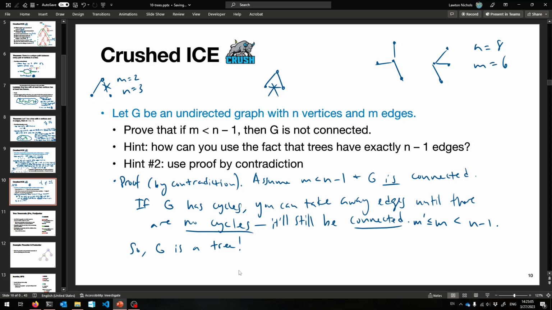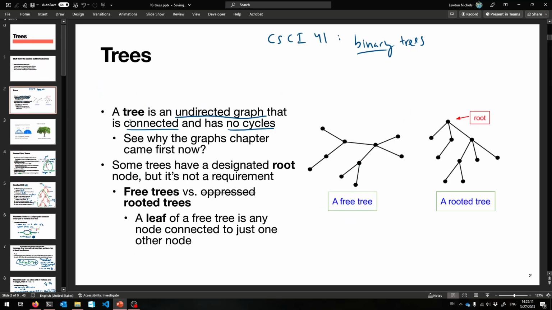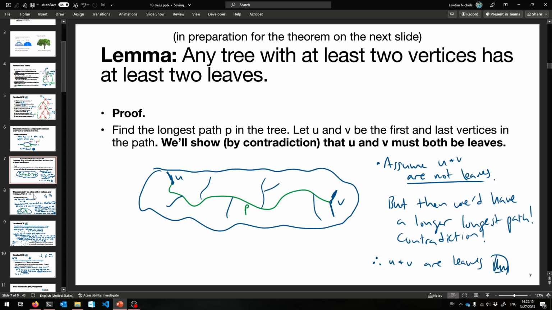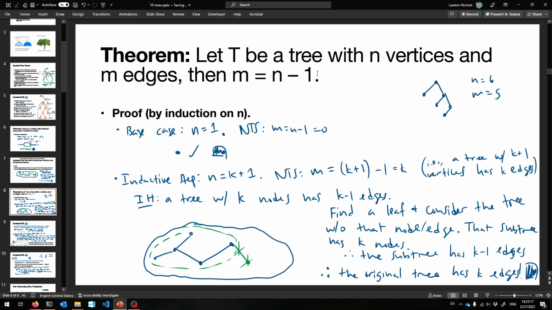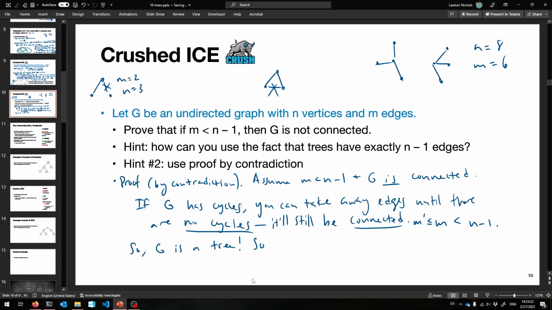Right? So that's the definition of a tree, right? A tree is a graph that is connected and has no cycles. We've proven exactly how many edges a tree must have. Exactly this many. We've just shown that we must have a tree right now.